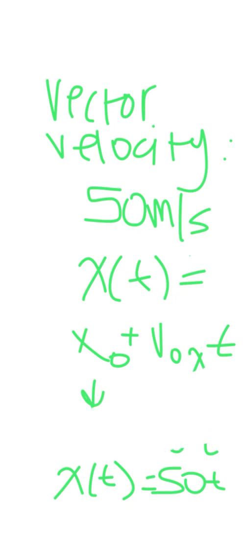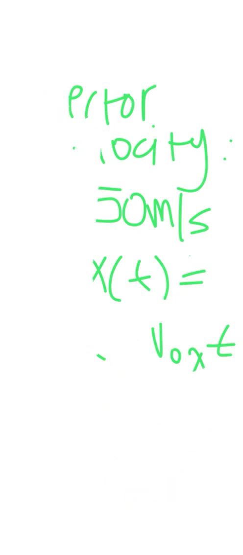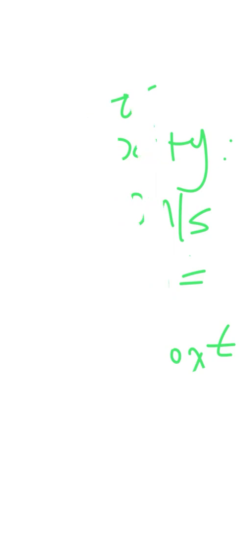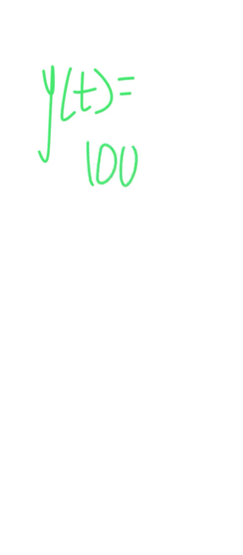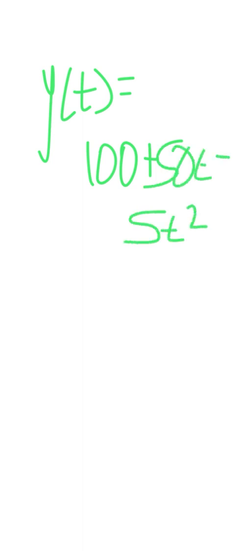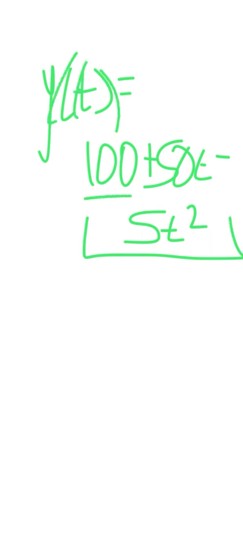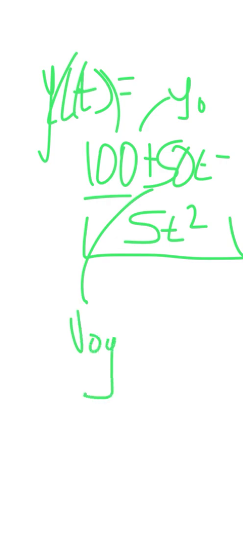So now that we found x of t, we can go on to find y of t, which is the next question. They want us to find the equation for y of t. So y of t is 100 plus 50t minus 5t squared. Now we know what 100 was. 100 is y0. 50 is v0y.